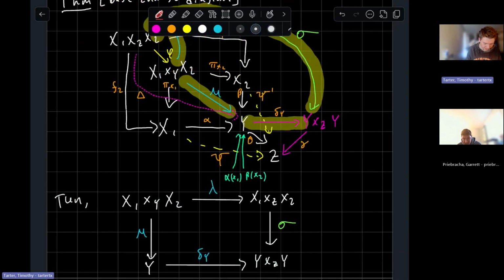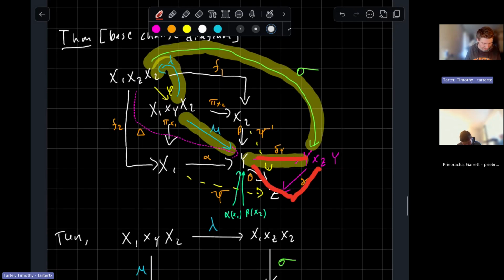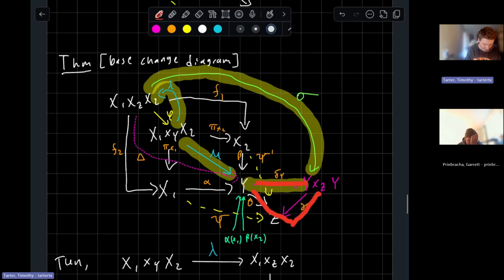I'm going to do this in chunky red. We're making a loop like this and a loop like this, and then tracing it back through this diagonal, or through that Cartesian square. This is actually the easy side. We just did the hard side.